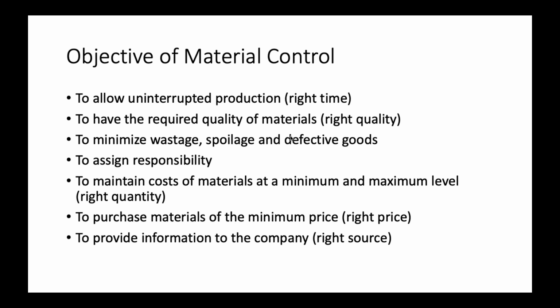Or else, if there will be no materials to be used, how can we produce the product? So we must avoid interruptions of production and, of course, delay, because any interruptions or delay may cause a substantial loss to the company.